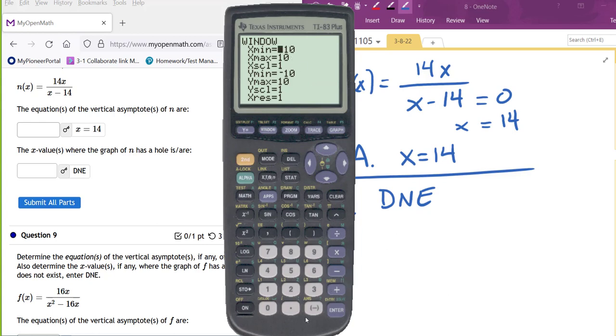So we want a negative 20, positive 20, and we'll change the scale to 2. Negative 20, positive 20, and 2.